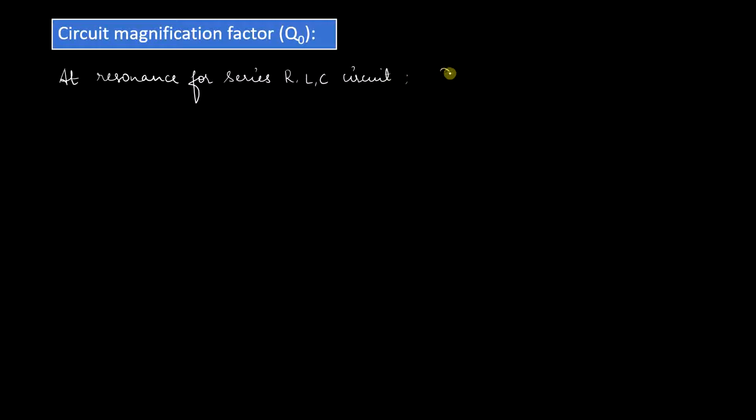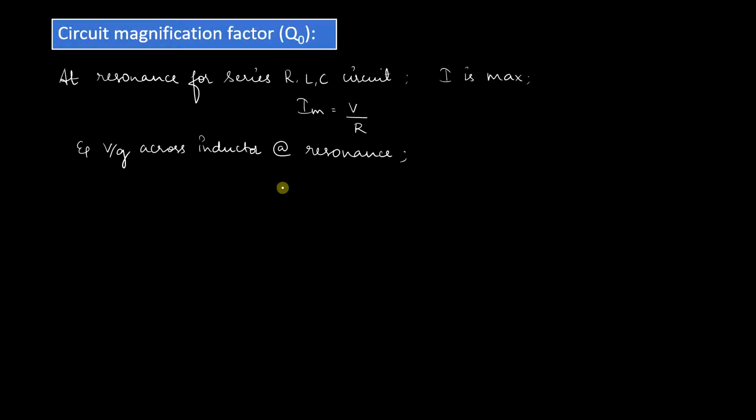What about the current? The current is the maximum, and this is given by Im equal to V by R, and the voltage across the inductor at resonance is given as VL equal to, in terms of current and reactance, Im, the maximum current, multiplied by its reactance XL.